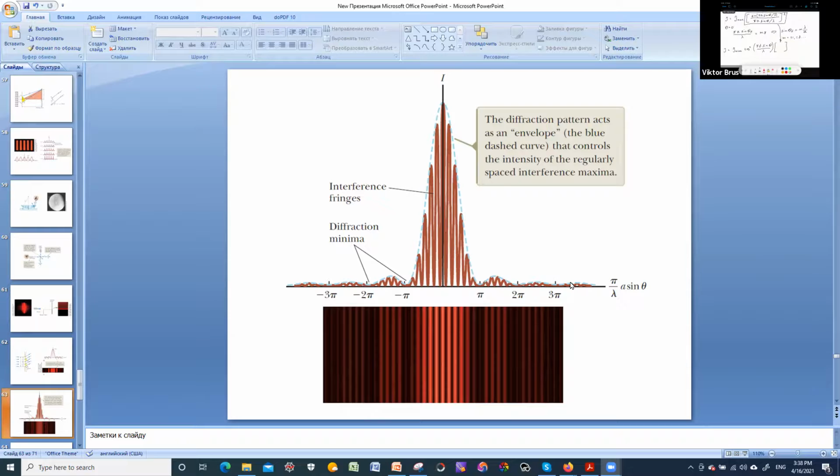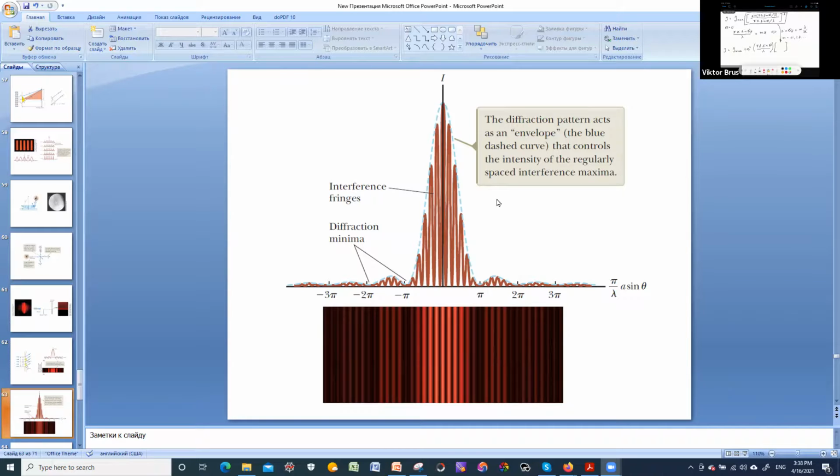And what is interesting here is to see when the first diffraction minimum, which corresponds to 0 intensity, will coincide with the interference maximum. So it's supposed to be a certain maximum here for light intensity because of interference, but because of diffraction, which modulates the amplitude of this interference pattern, we get 0 here.